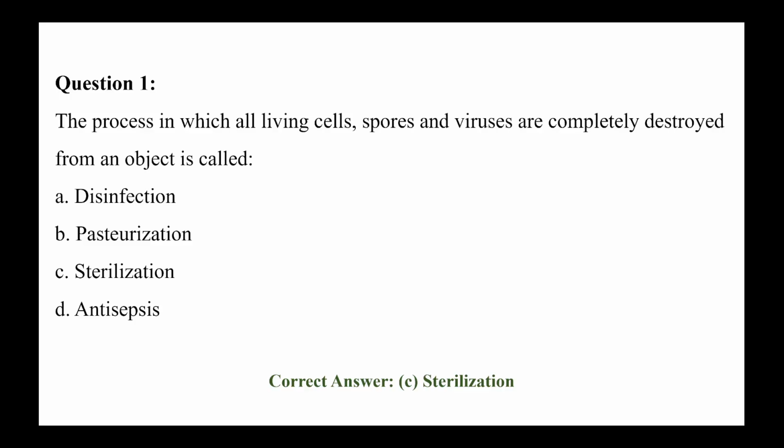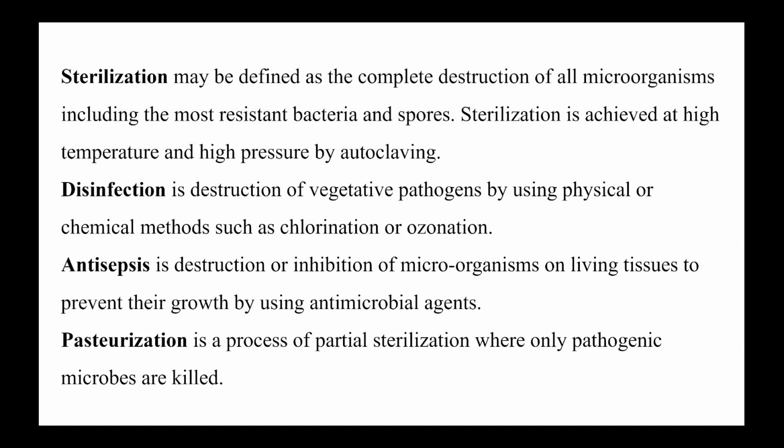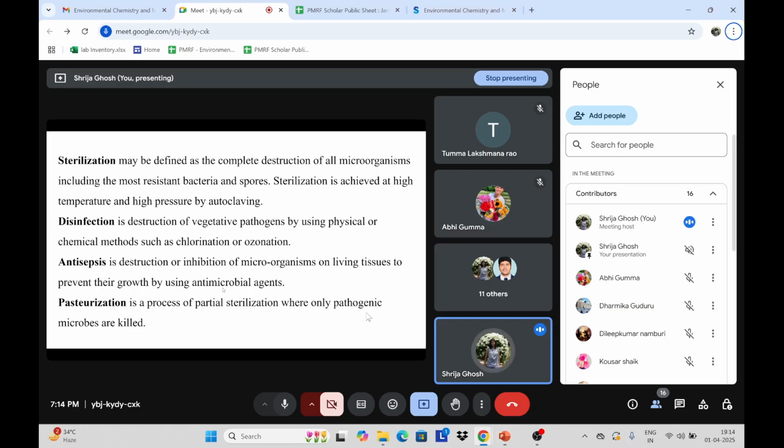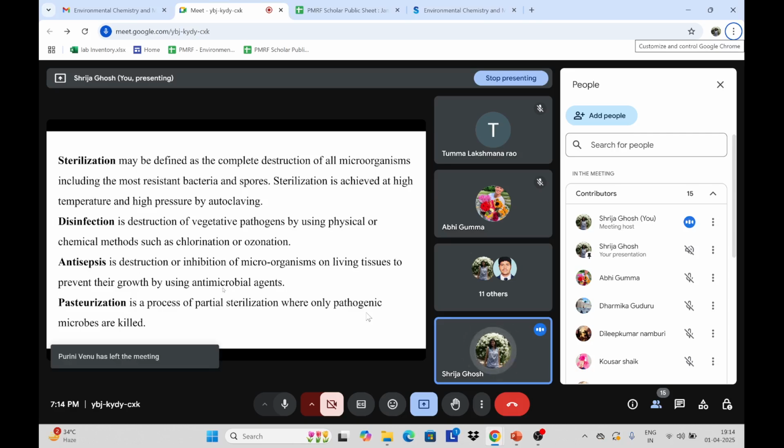So what do we mean by pasteurized milk? Pasteurization is a process where we heat the milk at a very high temperature for a very short duration to kill all the pathogenic microbes. So it's a partial sterilization process. We are not killing all the microbes, we are just killing the pathogenic ones so that we don't get sick when we are drinking the milk.